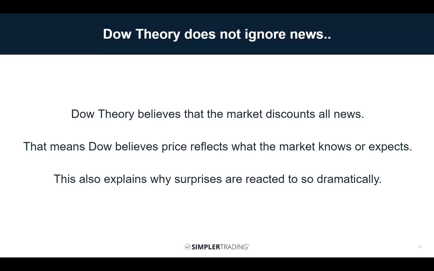He believed that the market participants discount all news. That means that price is already reflecting what we as a group of market participants think we know or are expecting. So if there are earnings in a stock, we know that, we're expecting that, and we're going to make an educated guess about whether we think those earnings are good or bad.